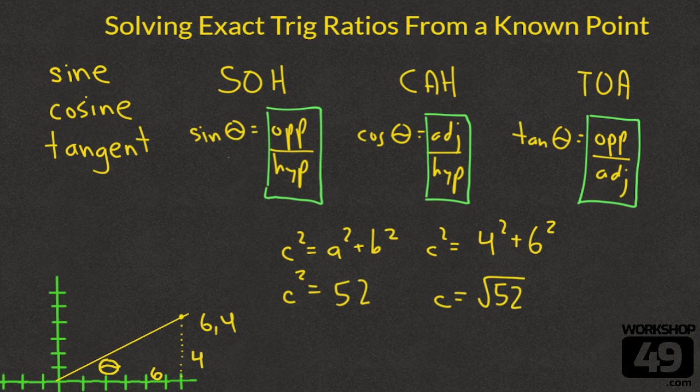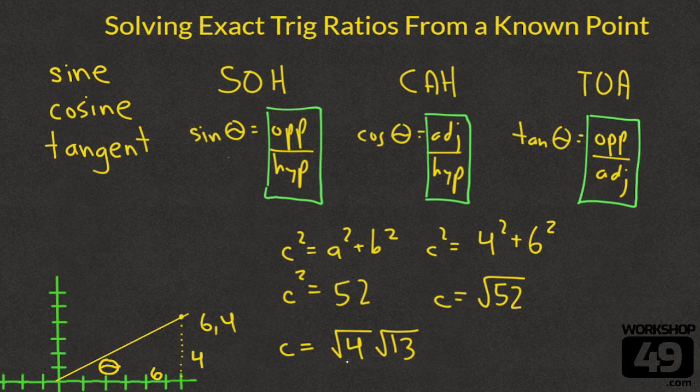But wait, I just gave you fair warning. We're going to have to simplify radicals. And I would ask you, is that root 52 simplifiable? Does it contain a factor that is a perfect square? And it absolutely does, because 52 is divisible by 4. So c is equal to root 4, root 13. 52 is a product of 4 and 13.